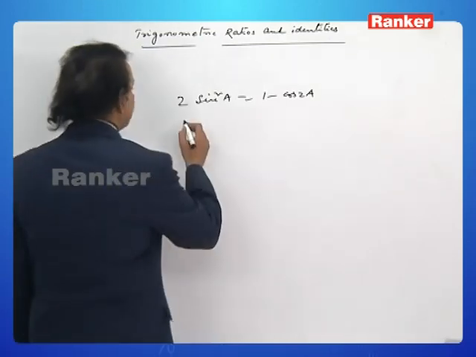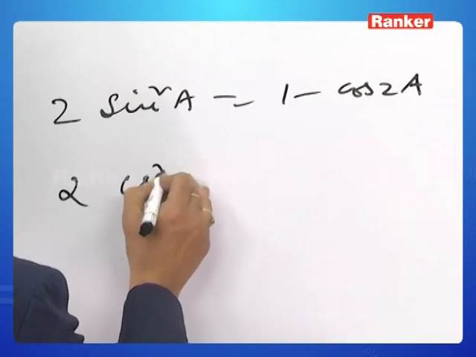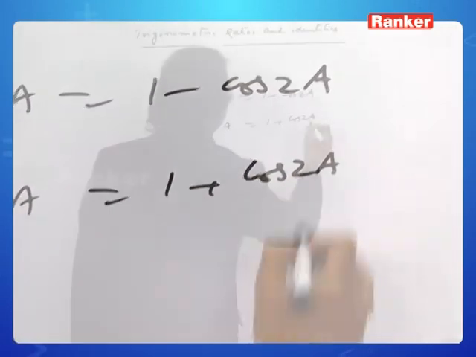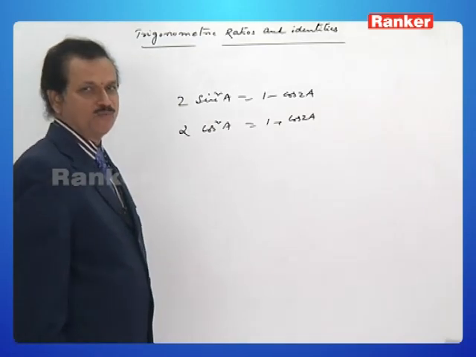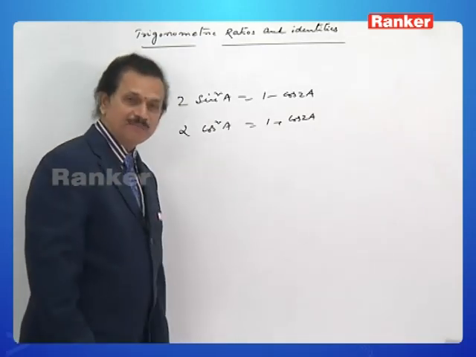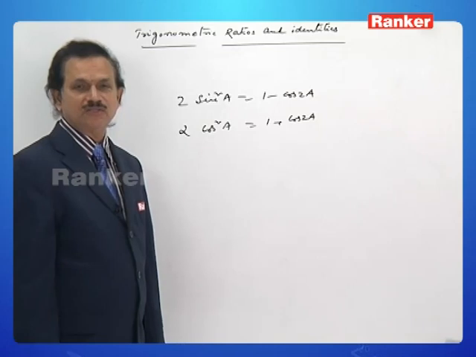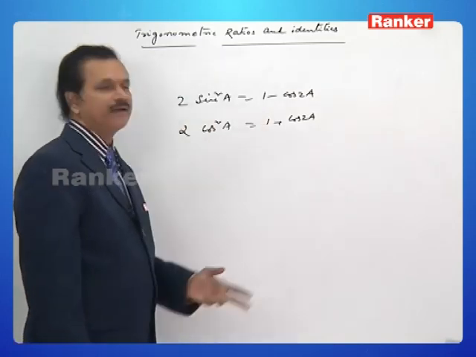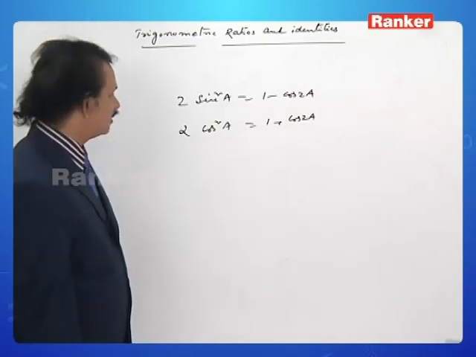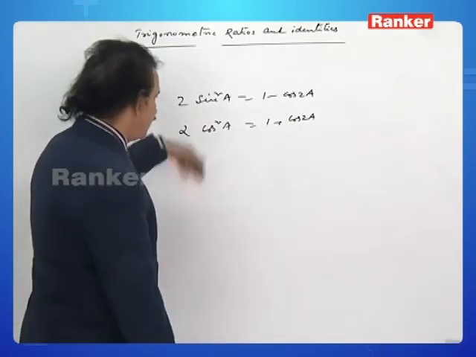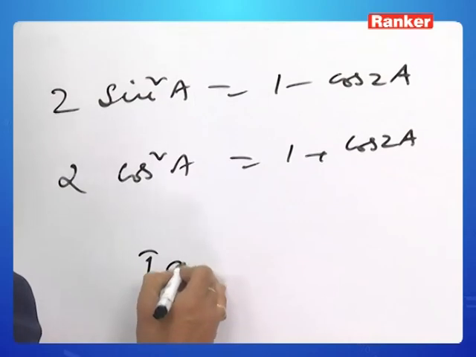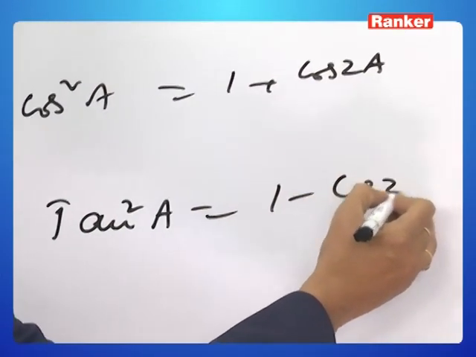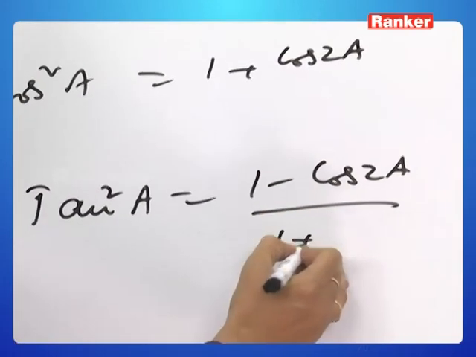And similarly, 2 cos square a is equal to 1 plus cos 2a. I think you can recollect from where it has been obtained. We know that cos 2a is equal to 2 cos square a minus 1. Bring that minus 1 to this side, so that 1 plus cos 2a is equal to 2 cos square a. Well, you divide this. Tan square a is equal to 1 minus cos 2a by 1 plus cos 2a.